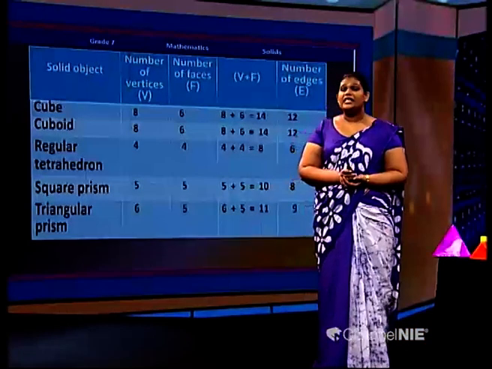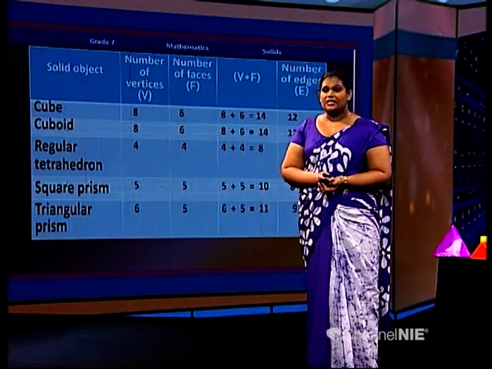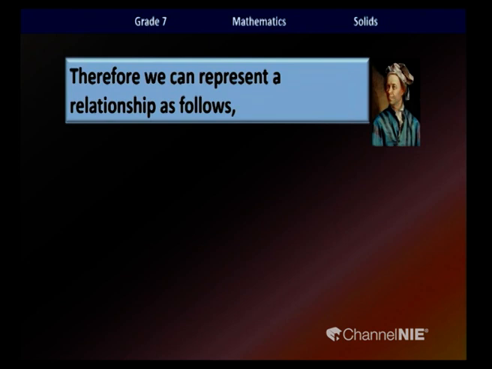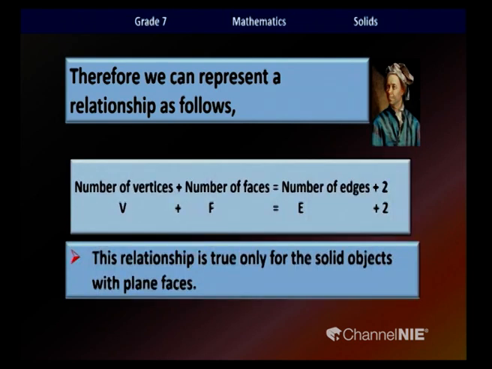Therefore, in each and every solid that we have considered, the difference between the addition of the number of vertices and faces and the number of edges is always 2. Right. Therefore, we can present a relationship as follows: number of vertices plus number of faces equals number of edges plus 2.